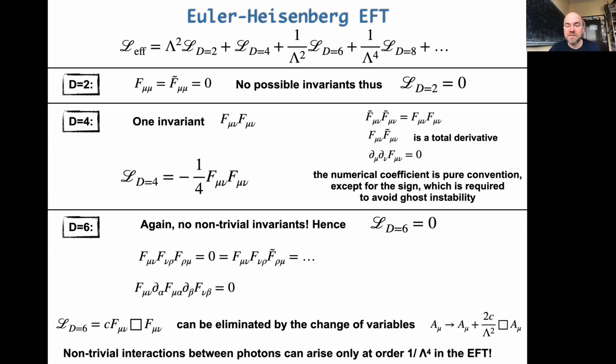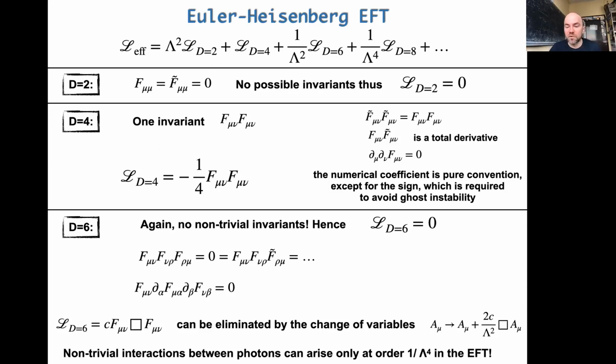So this doesn't work. Then again, derivatives don't work. You could write F mu nu box F mu nu, where box is the D'Alembertian, so two derivatives together. But this term can actually be eliminated by a change of variables. If you already have the dimension 4 term, and you change variables, say A mu goes to A mu plus some constant times the D'Alembertian of A mu, then even if you write this term, you can eliminate it by the change of variables.